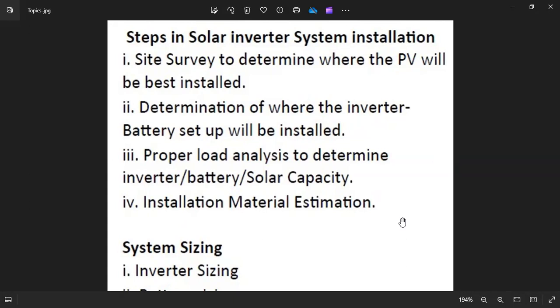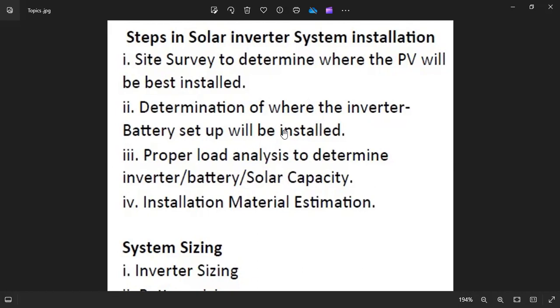Under the first major header, we have four subtopics: site survey to determine where the PV will be best installed, determination of where the inverter battery setup will be installed, proper load analysis to determine inverter battery solar capacity, and installation materials estimation.